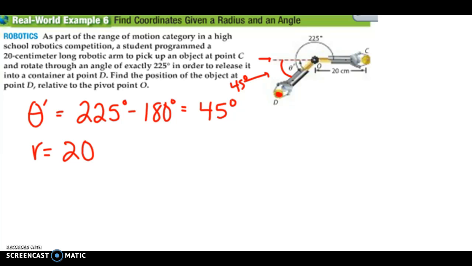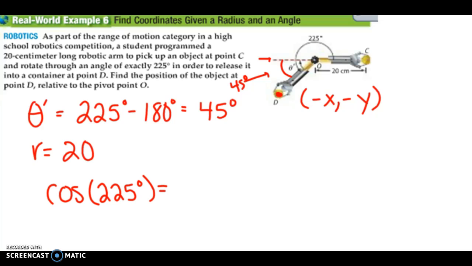Since our reference angle is in the third quadrant, it means that this value down here is going to be negative x and negative y, because in the third quadrant, x and y values are both negative. So that means that if I'm looking at the cosine of 225 degrees, using my reference angle, that's going to be the negative cosine of 45 degrees. So cosine of 45 degrees is the square root of 2 over 2.